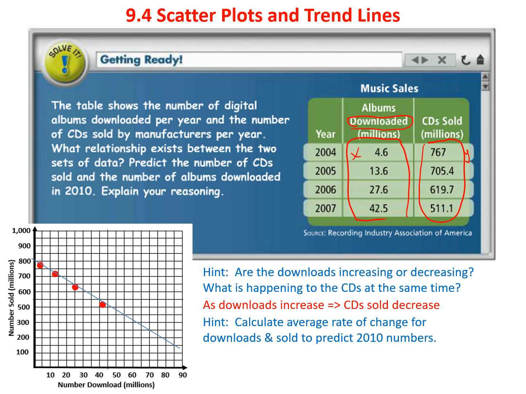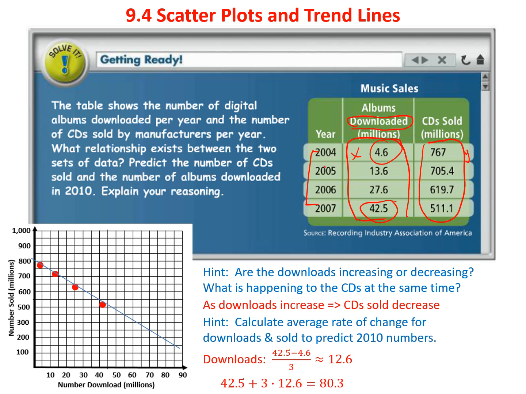Let's just calculate the average rate. We want to make a prediction for the year 2010. So what we're going to do is calculate the average rate and then extend it out to make a prediction. For example, for the downloads, if I pick 2 points, 42.5 and 4.6, that's 42.5 minus 4.6, and I divide it by 2007 minus 2003, I see that it's going up about 12.6 million per year.